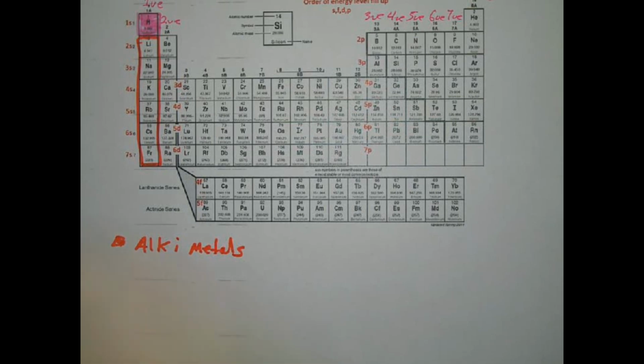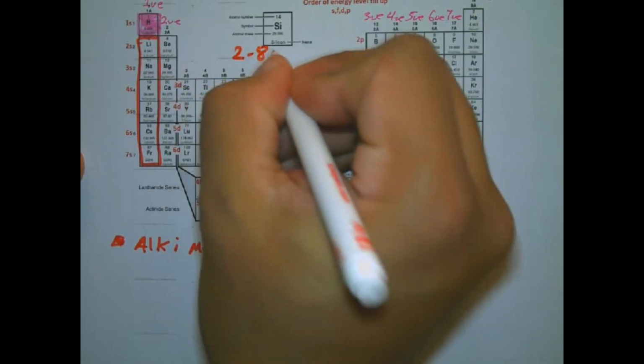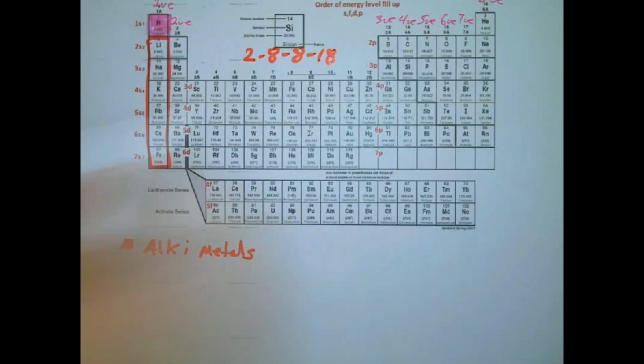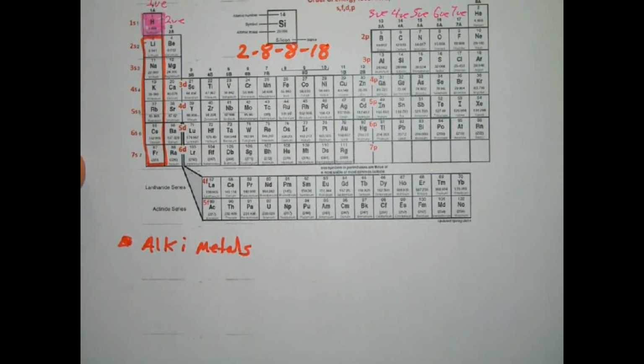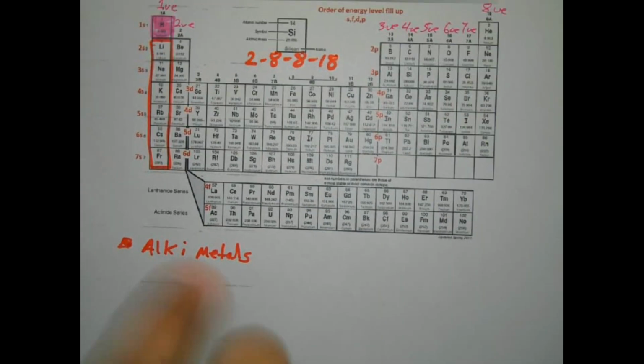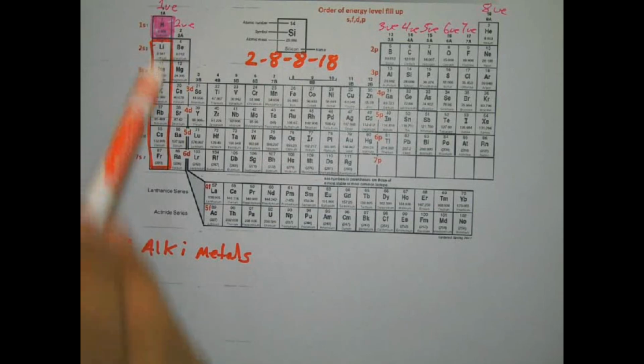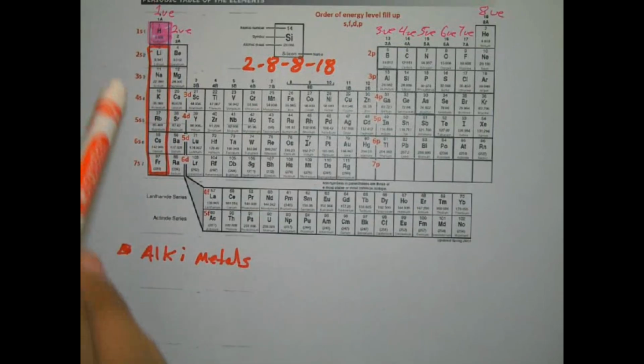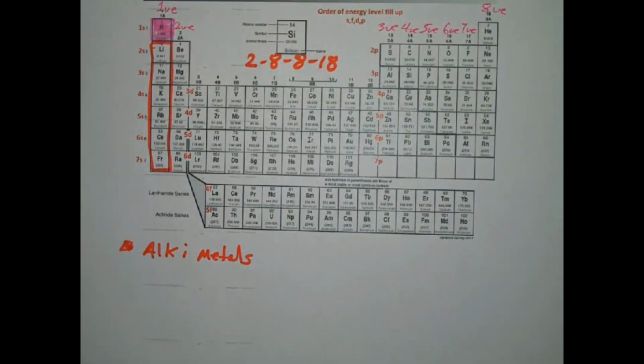Remember, it was 2, 8, 8, 18. How many electrons can be held in each energy level? Well, hydrogen's in the first energy level, and it can only hold 2. He has 1 valence electron, but since it's in the middle, he can either give it away or take on another one, so he actually acts different from the other guys. All these other guys are going to give away 1. Hydrogen can give or take. Okay, so that's your first family.